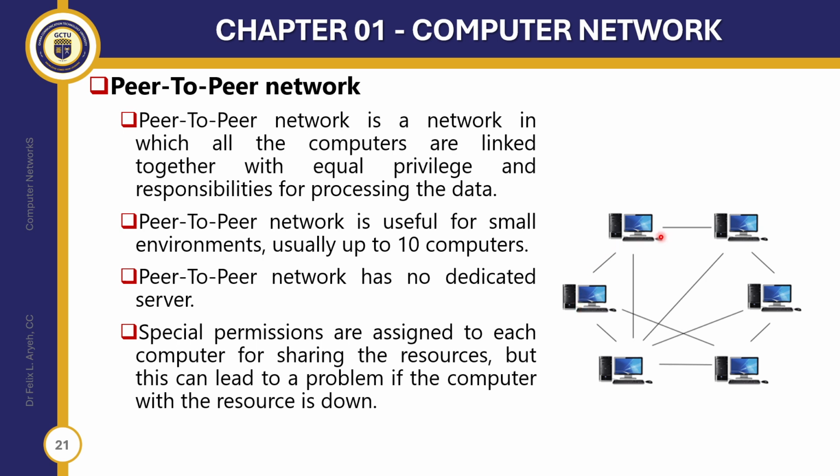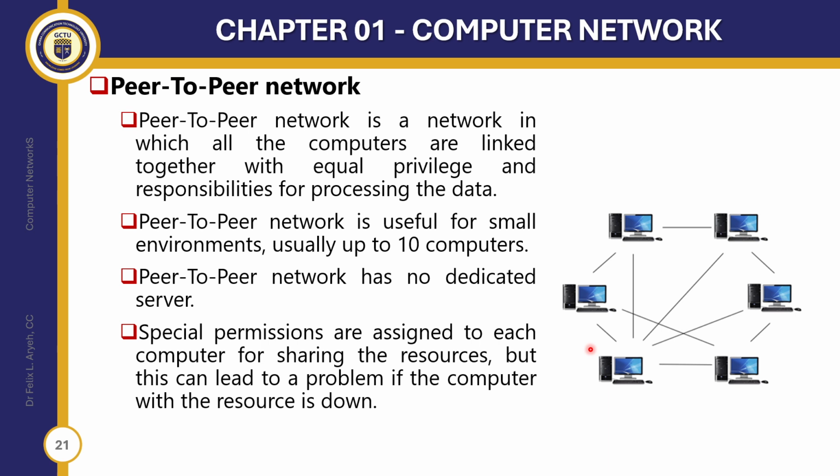So you can see these are all computers that have been linked together, mainly because we want them to have equal privileges and responsibility in the processing of data. So peer to peer, as the name says. When you say someone is your peer, it means the person is of the same level or qualification as you.